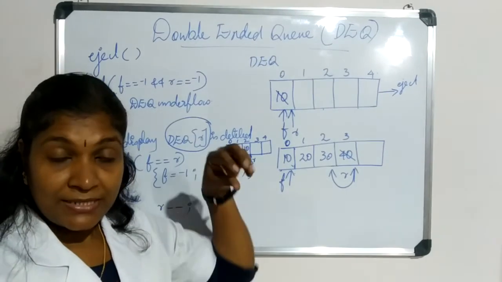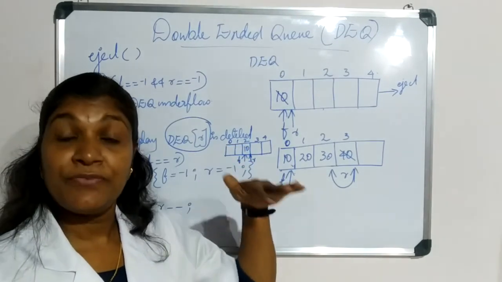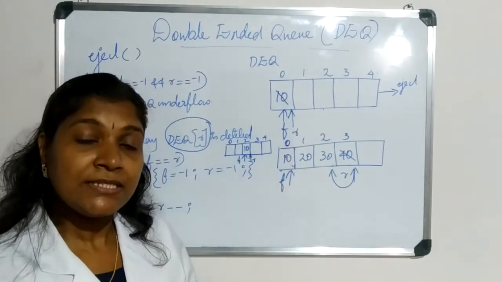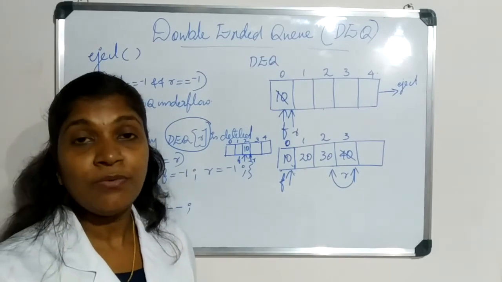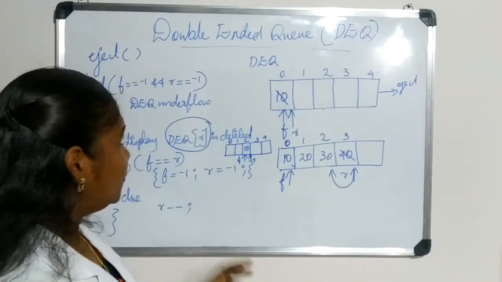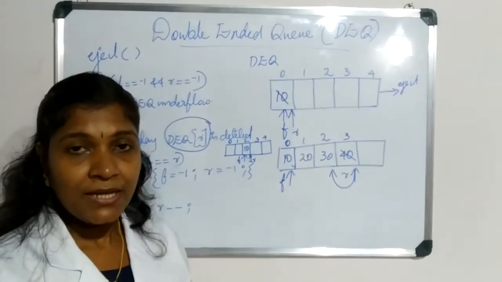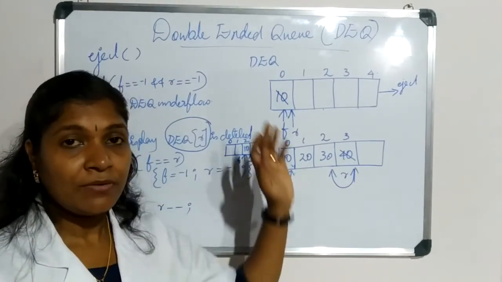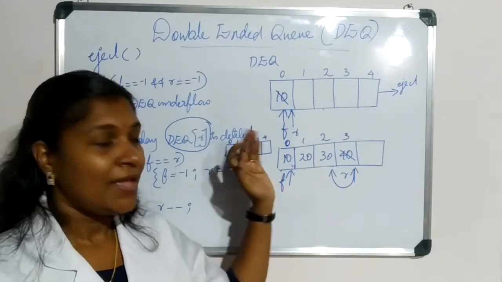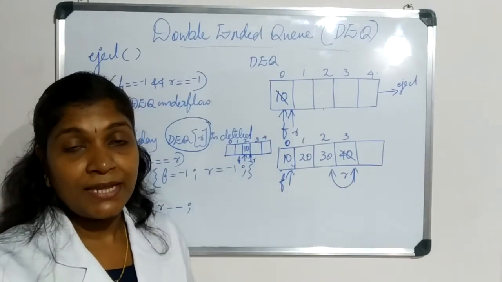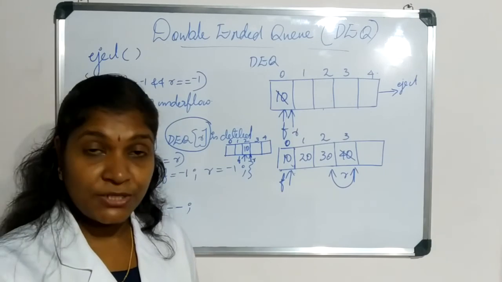Inject is inserting an element through the front end, and eject means deleting an element through the rear end. I hope through the algorithm and the example, you have got a clear idea about what inject and eject are, and you try to implement that code with a double-ended Q program.